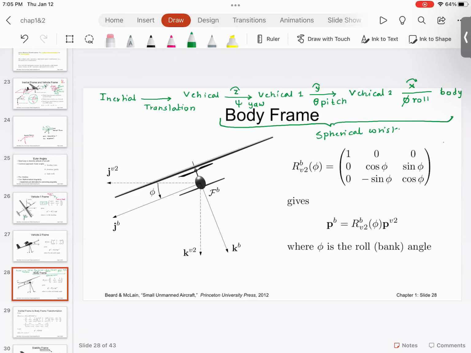We need to know where the aircraft is and what the orientation of the aircraft is. So we have this 3-axis gyro and 3-axis accelerometer strapped, fixed, strap means fixed, to the aircraft. As the aircraft is maneuvering, it is going to record the roll rate, pitch rate, and yaw rate in the body coordinate frame. Are you with me so far?